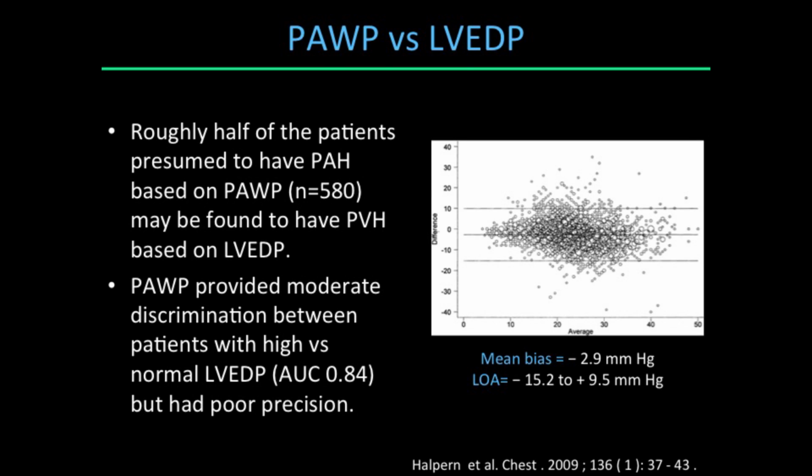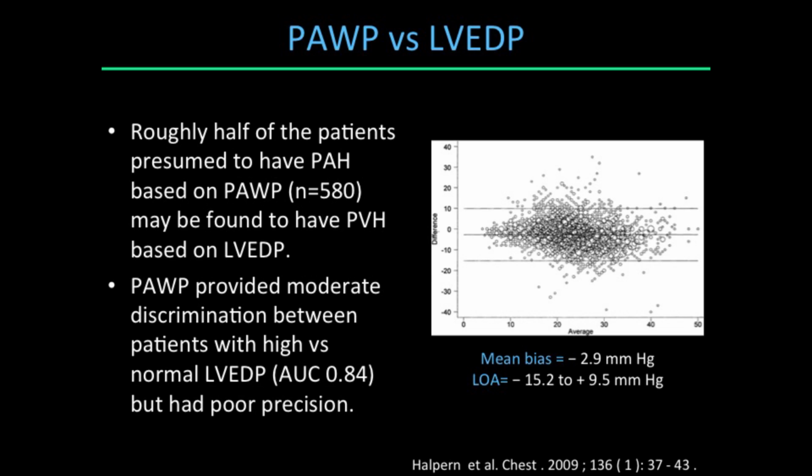There is this article that I have to mention from Halpern, who showed discrepancies in the measurement of wedge when compared to the gold standard left ventricular diastolic pressure, which is done by poking the femoral artery and going up to the LV.